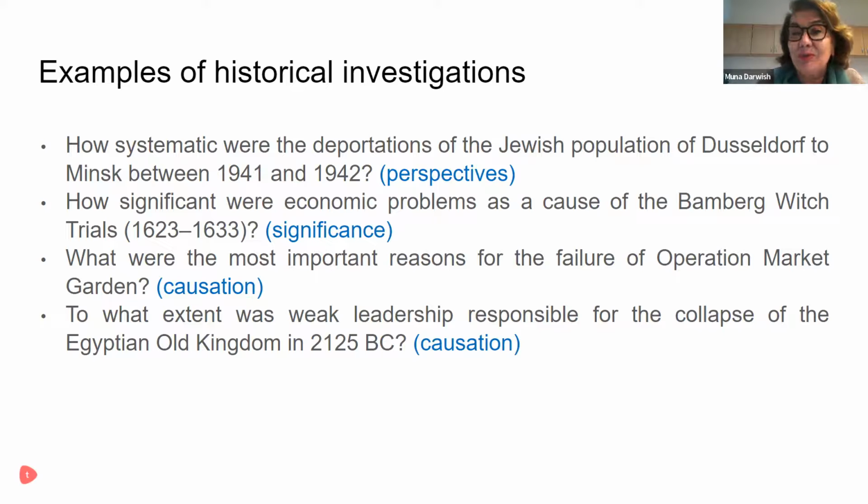The first one is perspectives, because historians will reflect, at times, sharp differences in their interpretations of why a group of people were deported and for what reasons. Here the word systematic makes perspective a good concept to consider.